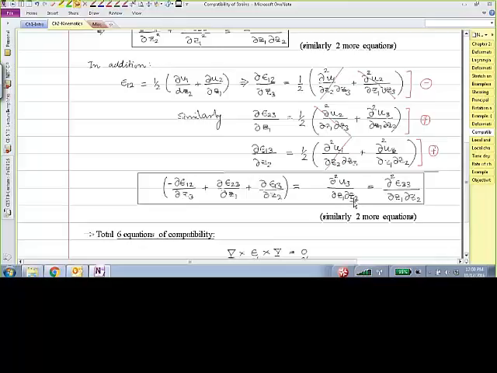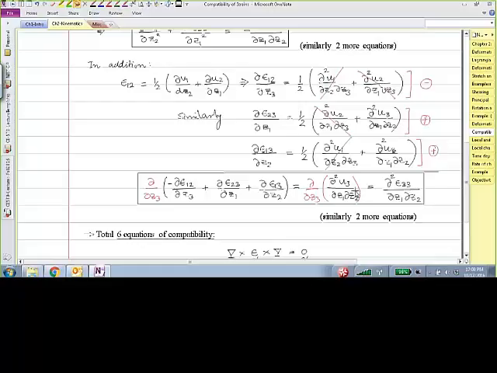Now, I'll also take the derivative on the left-hand side again with respect to z3, and on the right-hand side, partial of u3 with z3 is epsilon 3,3.